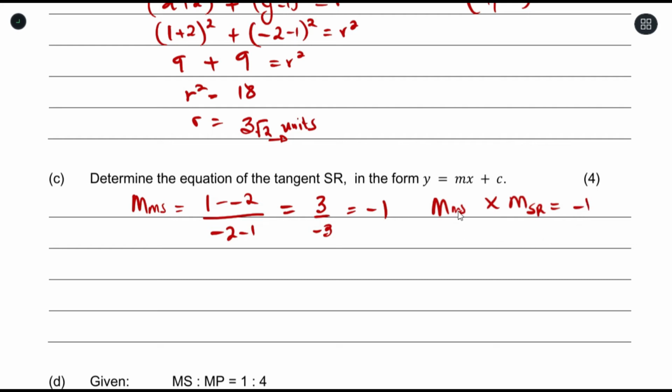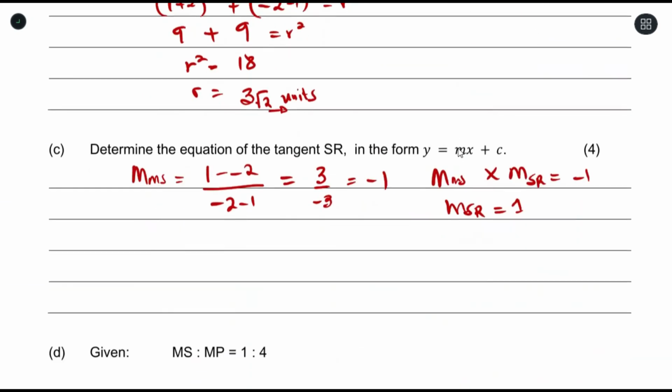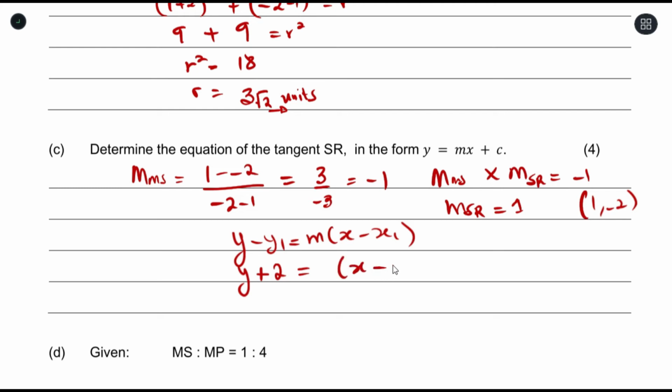So if the gradient of MS is −1, therefore the gradient of SR will just be 1. We can substitute this gradient and the coordinate of S, which is (1, −2), into our straight line equation. So the equation of our tangent will be y = x − 3.